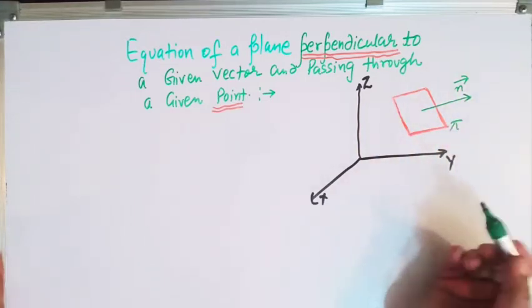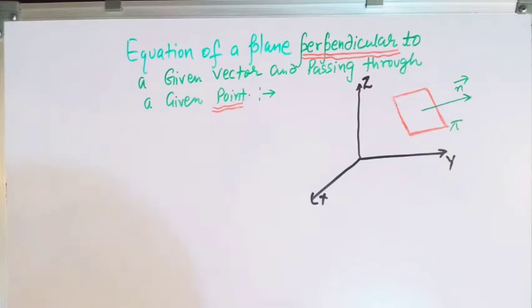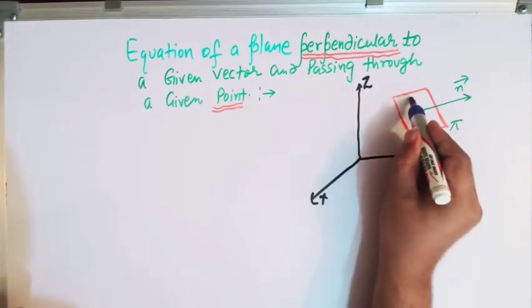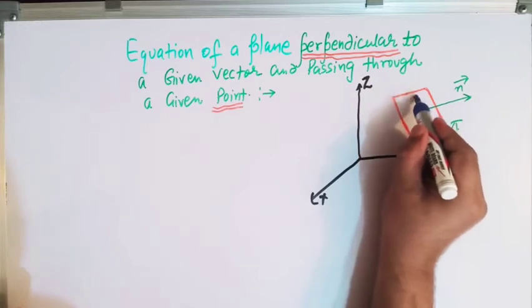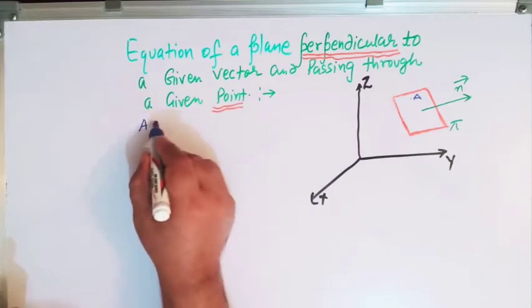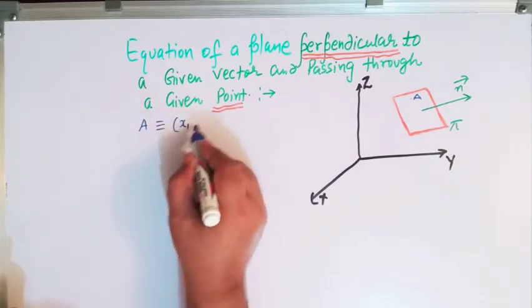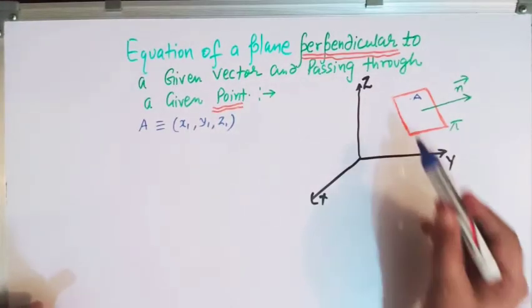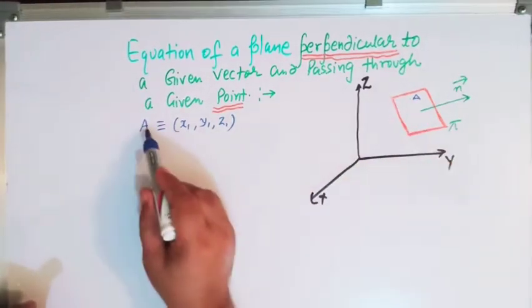Now suppose this plane passes through a point, say A, and this point A has coordinates x1, y1 and z1, right? So this plane passes through a given point.